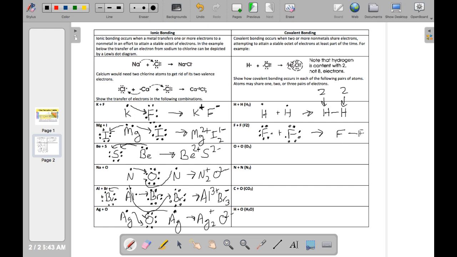That's going to count for 2. And now I'll just draw the other electrons around it. So 1, 2, 3, 4, 5, 6. 1, 2, 3, 4, 5, 6.